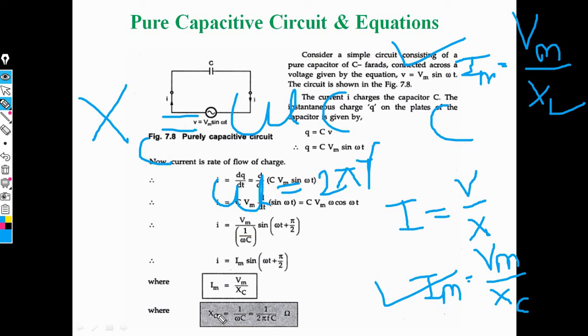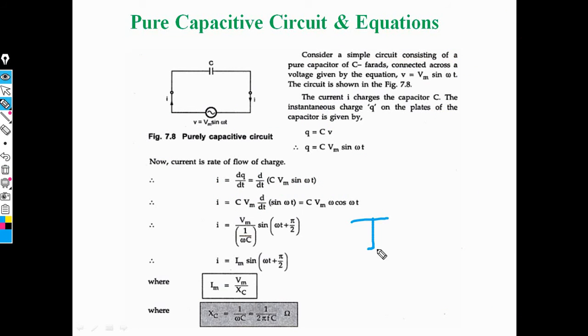That is, we obtain the value for a pure capacitive circuit: Xc is equal to 1 upon omega C, that is Xc is equal to 1 upon 2 pi fC. Now in Im, we obtain Im is equal to Vm upon 2 pi fC.